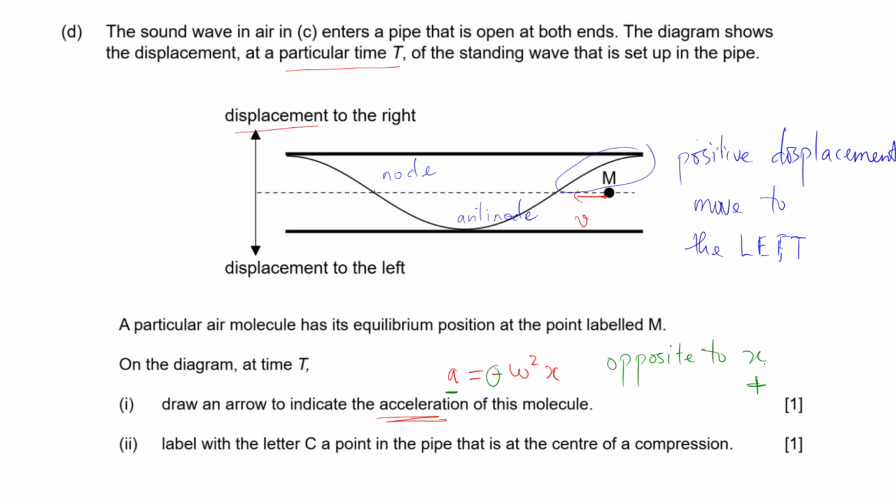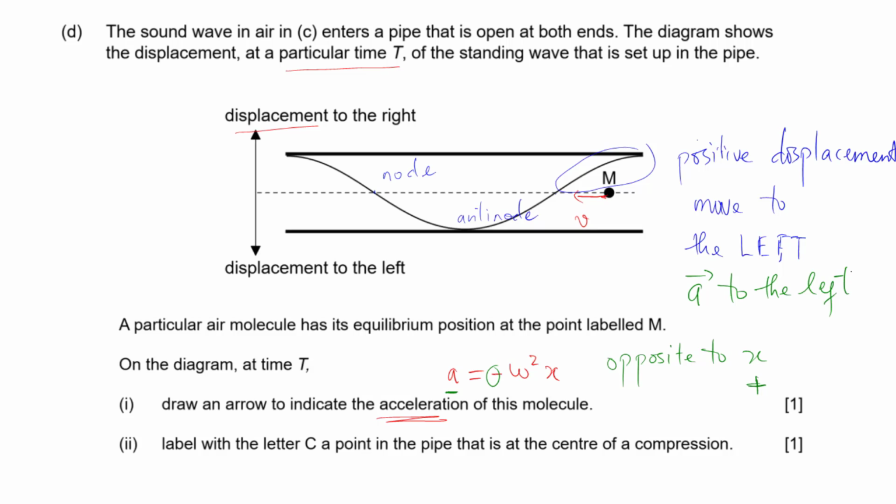The displacement is positive and therefore the acceleration is negative, but the direction of acceleration is always toward the center of the oscillation. So the point M moves to the left to the equilibrium position, and the acceleration also points to the left. So this is the answer.